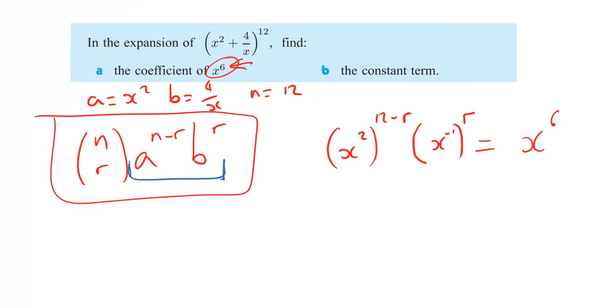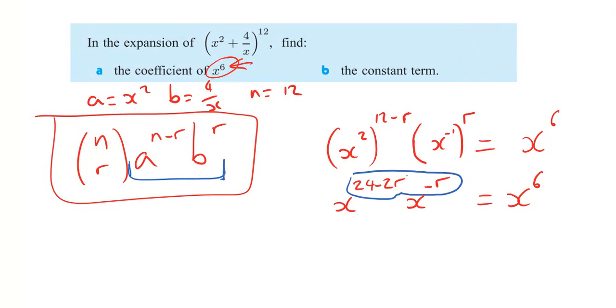Well, we can multiply these out using our laws of exponents. So if we do that, we can see that the first part is going to be x to the power of 24 minus 2r, and multiplying by x to the power of minus r is going to be x to the power of 6. So that is going to generate for us that 6.